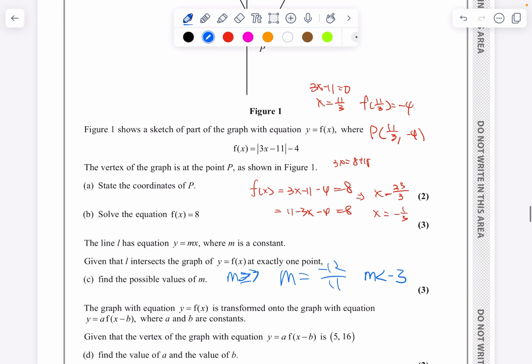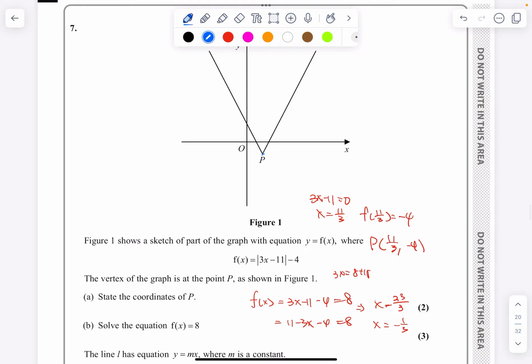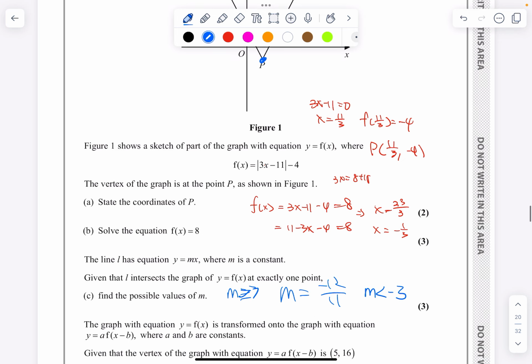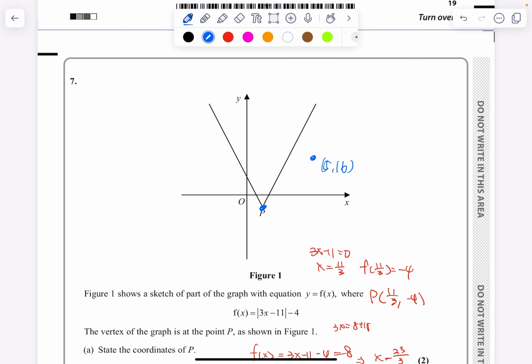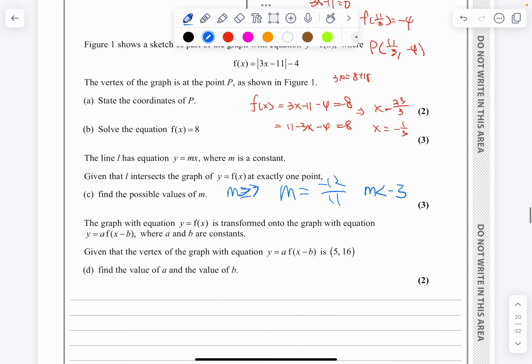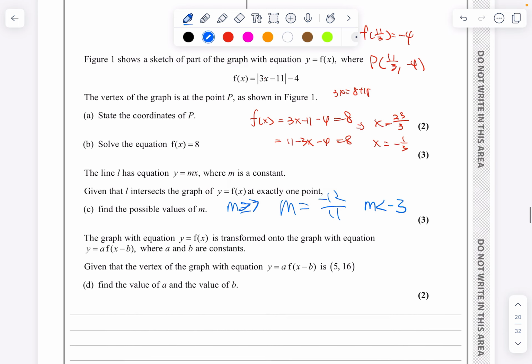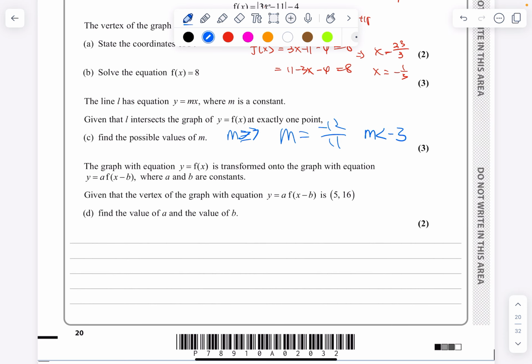Okay. So basically, this point right here is transformed into here, which is 5/16. That is a very bad scale, but let's assume that is 5/16.